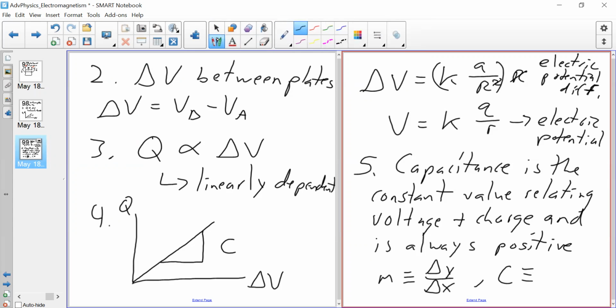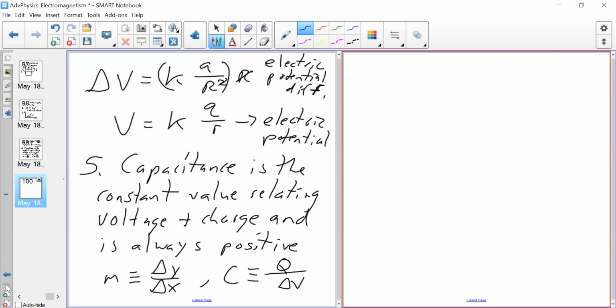Positive, negative, it's the same value there. So Q over delta V, there's a slope relationship. Capacitance then is charge over voltage between those two plates of distance d and surface area A, and we'll be relating all that stuff in a bit.